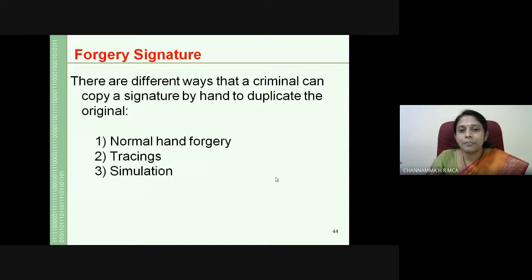And even a signature can be forged in three ways: normal hand forgery, tracing, and simulation.